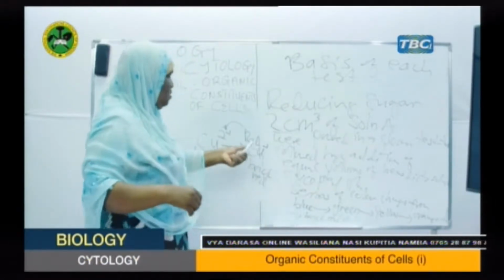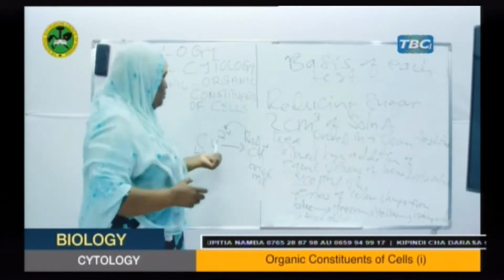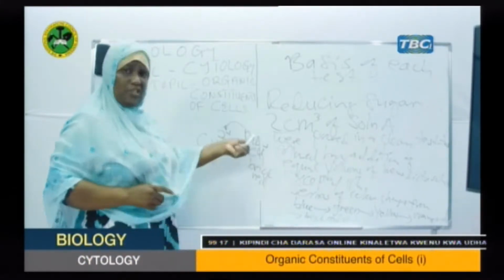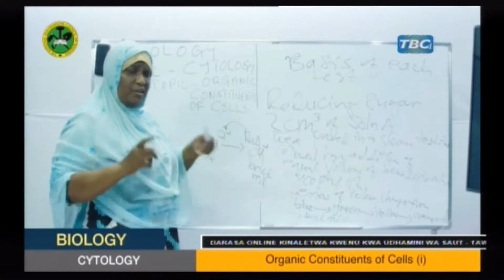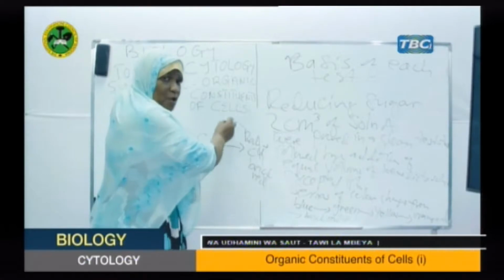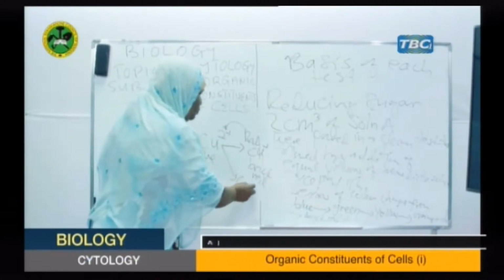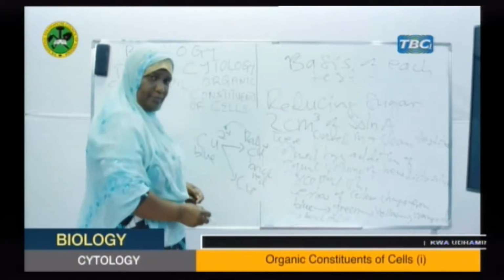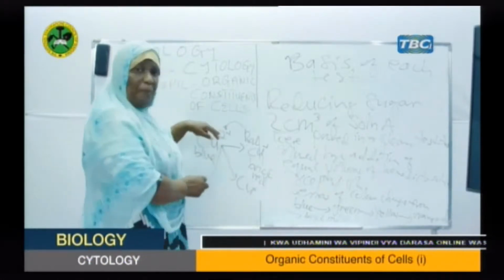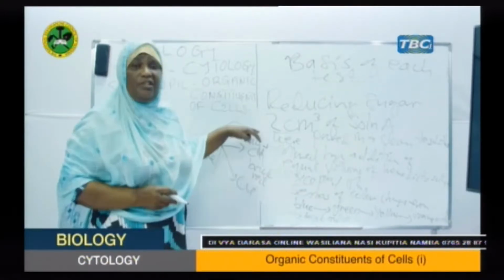You know the function of reducing sugar. Let's say you have your copper 2 ions, but you have little reducing sugar. When reducing sugar is little, it means some copper 2 ions will be reduced to copper 1 ions. And some copper 2 ions will remain in your solution without being reduced.